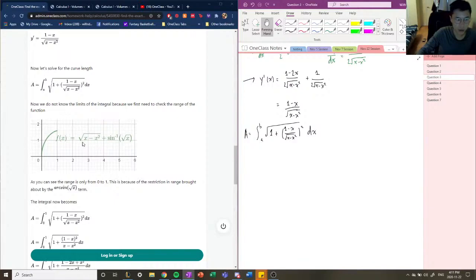So we're already restrained to saying, okay, x minus x squared, the domain for this part of the function has to be between 0 and 1. For example, if x was 2 or 1 or greater, then this x squared will be greater than this x, and this will be a negative inside the square root, and we don't want that, right? Because the square root of a negative number is a complex number, but that is not part of our function here, okay?